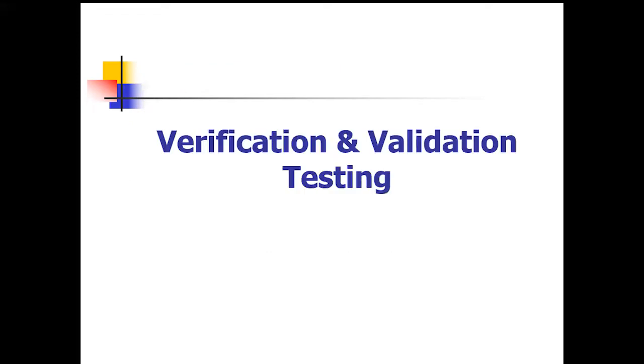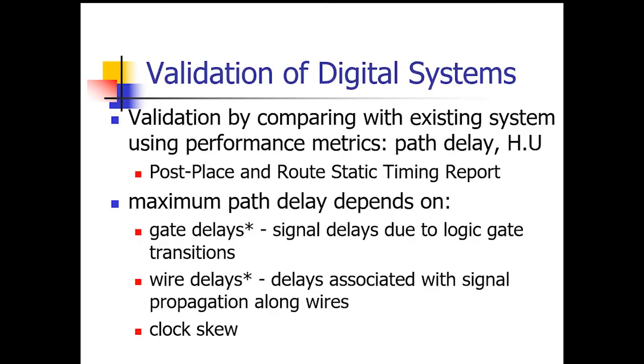Now, in the testing phase, we had to use post-place and route static timing reports from the Xilinx ISE to retrieve a lot of the information for results. This produced a number of path delays. What we chose was the worst case scenario, right?